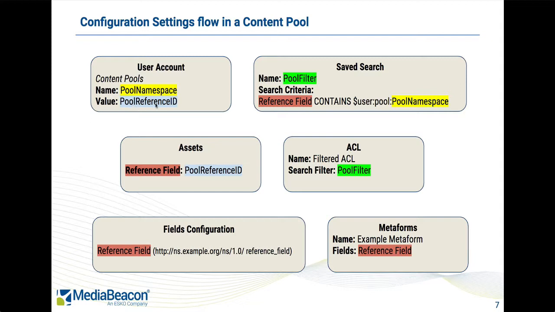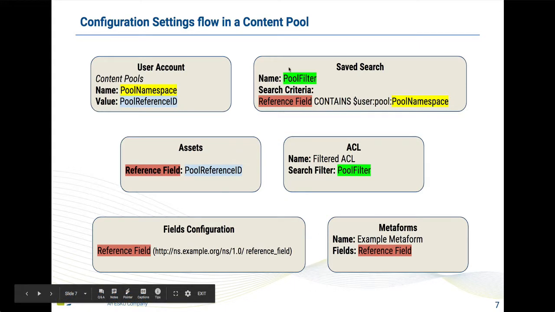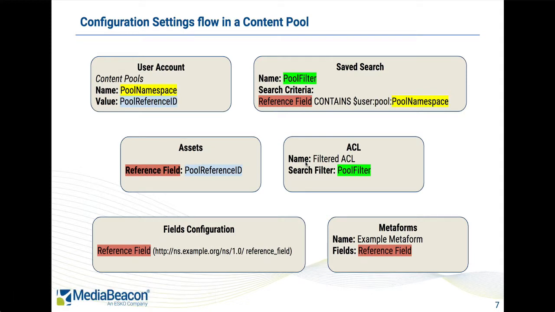The reference ID is just the string that's going to be tagged, and that's going to go inside of assets. And the ACL is going to get either a search filter and/or a conditional download search filter, and we'll be using the saved search name for that. And of course, we've got a reference field that's going to be used in several different places. So there's a lot of interactivity, so you have to have 3 or 4 things set up in order to use the content pool that all are interconnected.